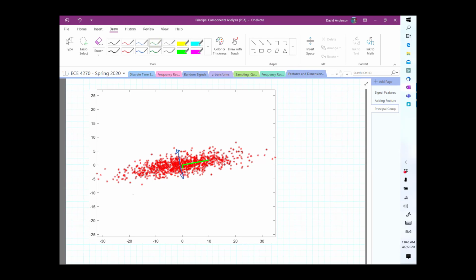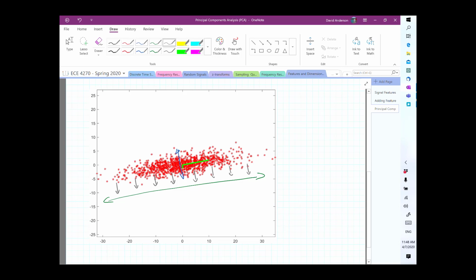And the dimension of interest might be along here. So the ideal thing to do would be to just project all of the values down to this line, where we could look at our data along a single dimension. I'll explain why more as we go.